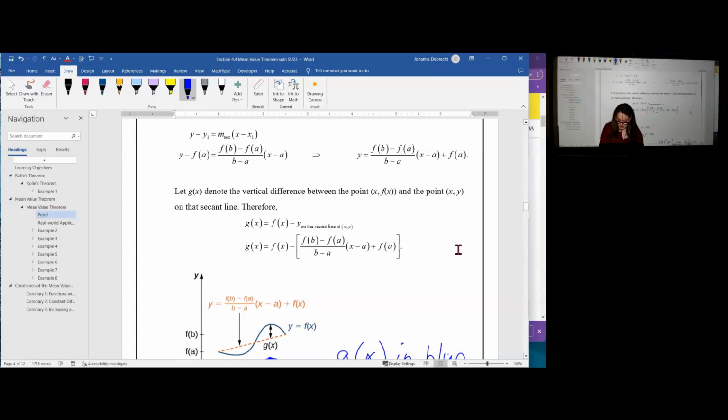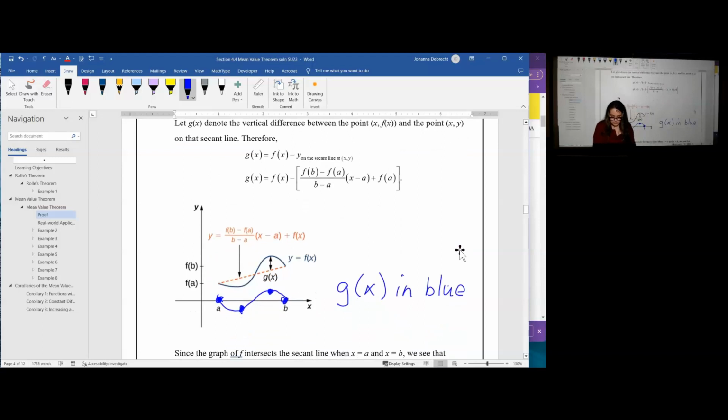Let's take a look at a picture that will make this a little bit clearer. When we look at this picture, g of x, the y value on g, is given by this vertical distance between the function in blue and the secant line in orange. But g is actually going to be down here. What's graphed in this bright blue is the function g of x.